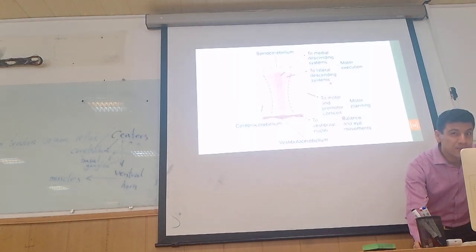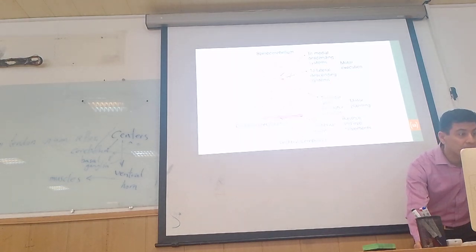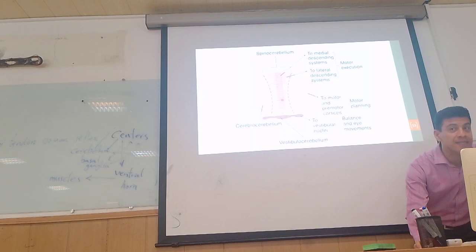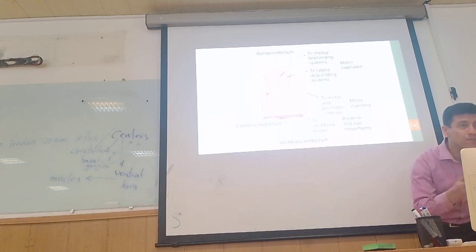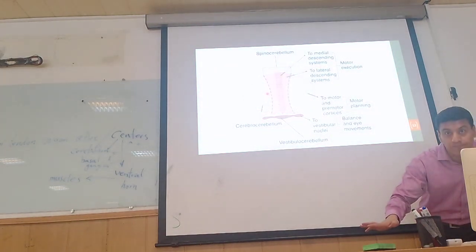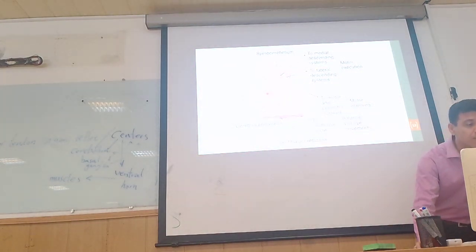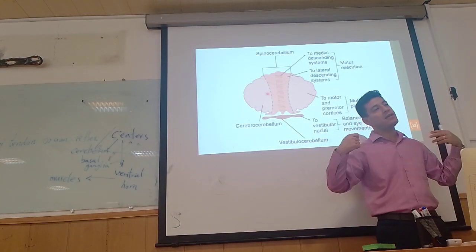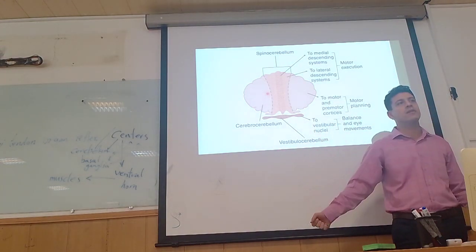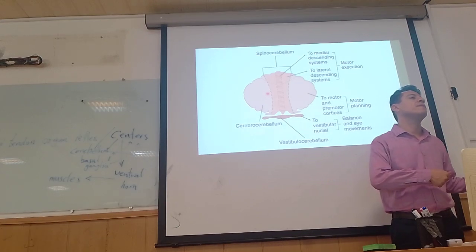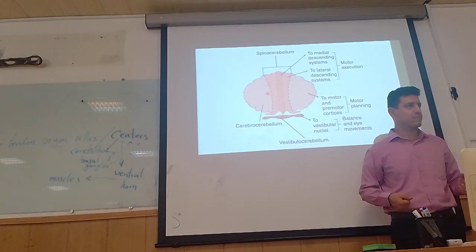I want to remind you about the map of the body. Remember that vermis had axial muscles, right? Intermediate zone has base and limbs, right? So any movements that happen in the limb is coordinated by the intermediate zone of the cerebellum.